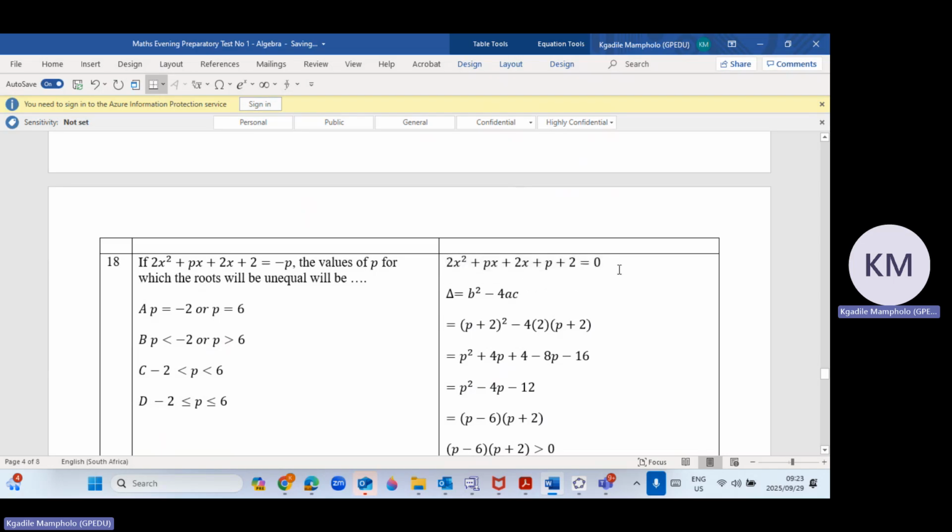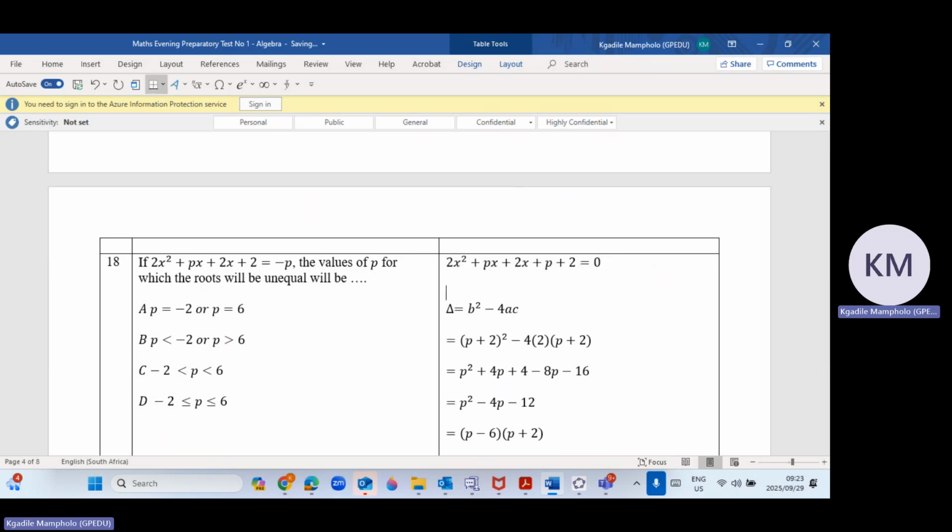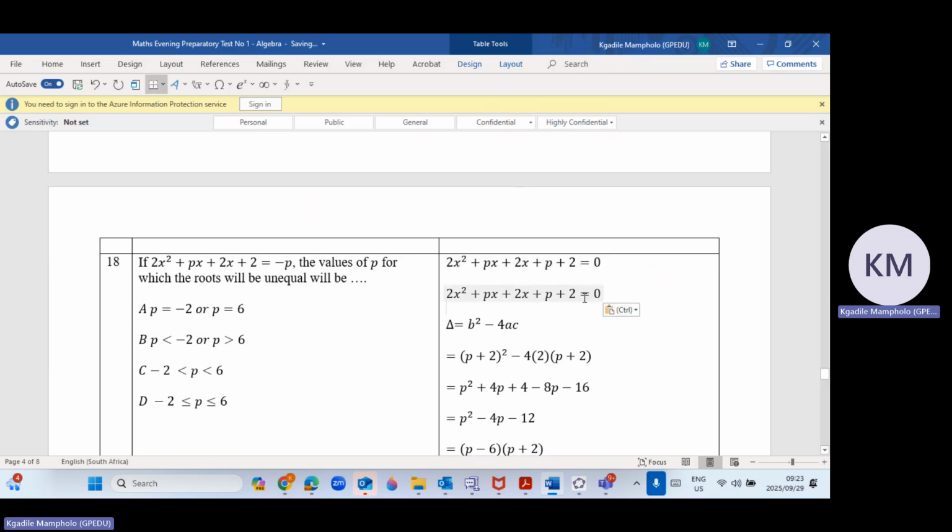Then the next step, you'll write the equation in the form of ax squared plus bx plus c. Now, when you take x as a common factor, your b will be p plus 2, and your c will also be p plus 2.